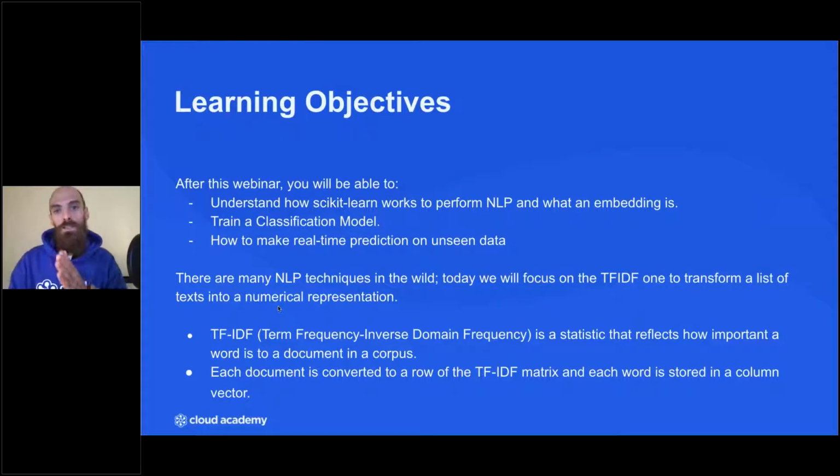You can see this Tf-Idf matrix as made of rows representing documents and columns representing each single distinct token or word that appeared in the corpus. So we are going to use that in order to produce an embedding, and we will see how those embeddings are used by a model in order to perform classification.